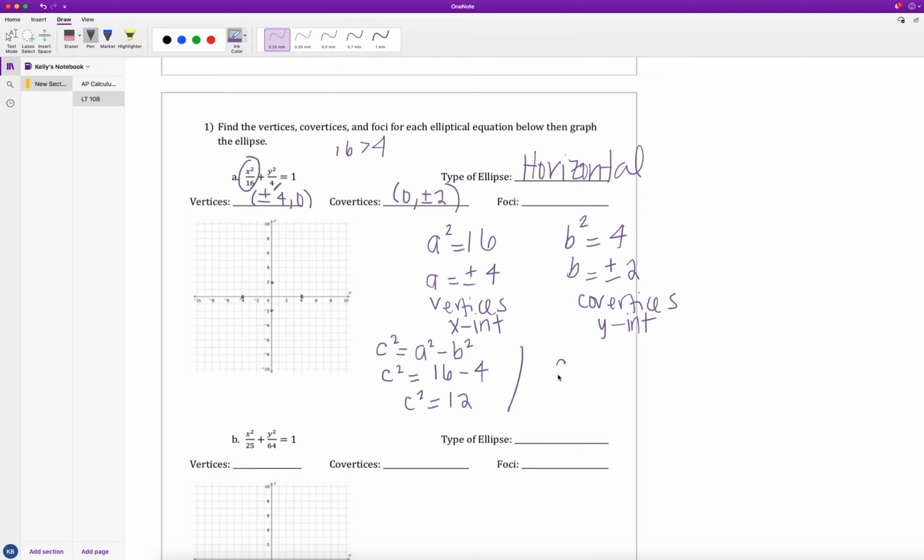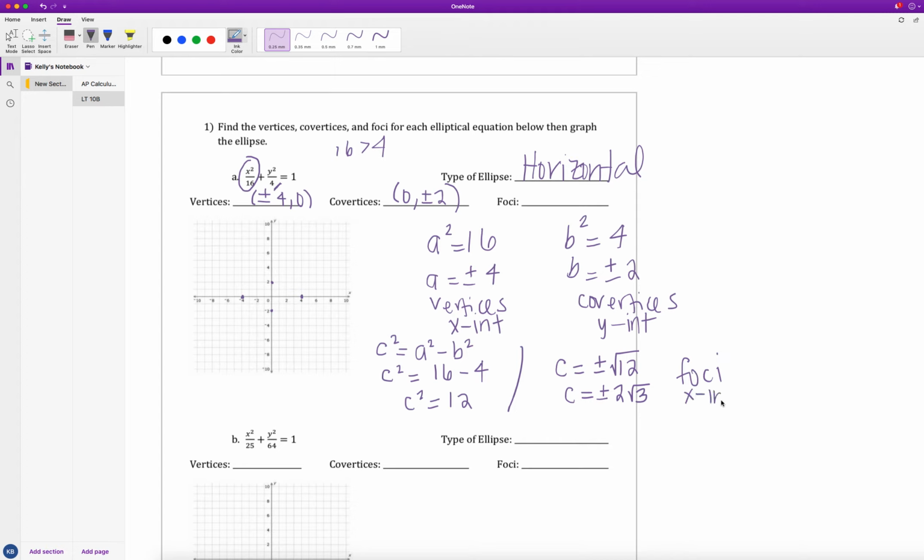So square rooting both sides, I get c equals plus or minus the square root of 12. But the key thing here is that I can continue to simplify this. So I do have a perfect square of 4 inside, so I end up getting plus or minus 2 root 3.